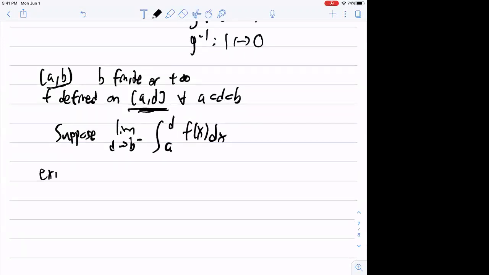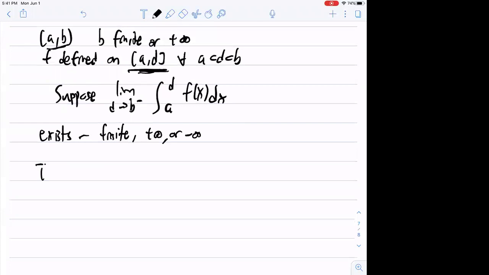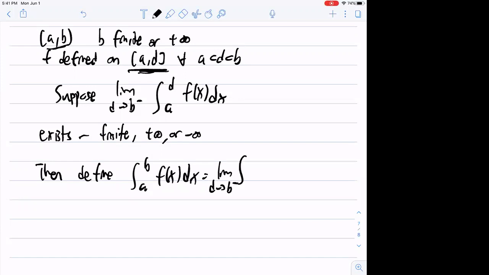And let's assume it exists. By exists, the book in this case takes it to be finite, positive infinity or negative infinity. Then define the integral from A to B of f of x dx. It's given by the limit as D goes to B minus of the integral from A to D of f of x dx.